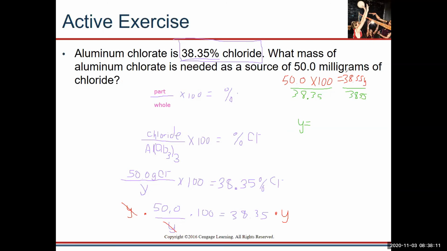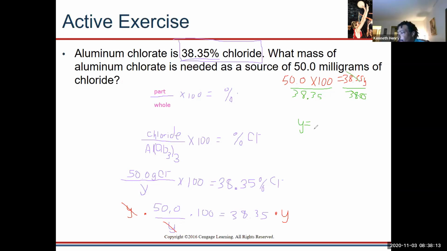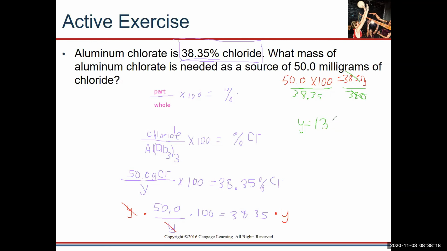Three. I should have 3 sig figs. Yes. Okay. And what would be the units? Milligrams.